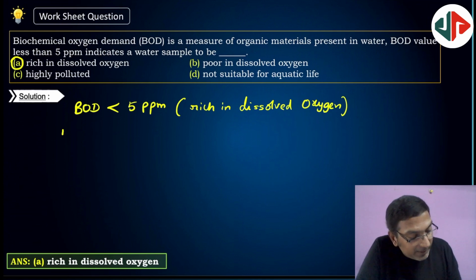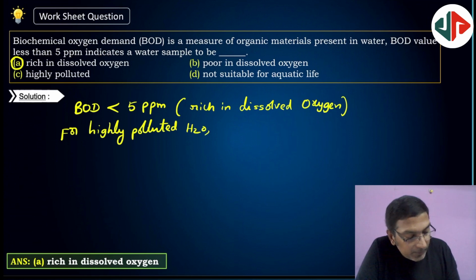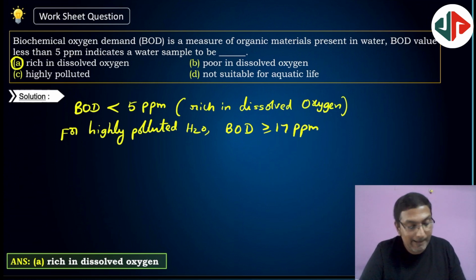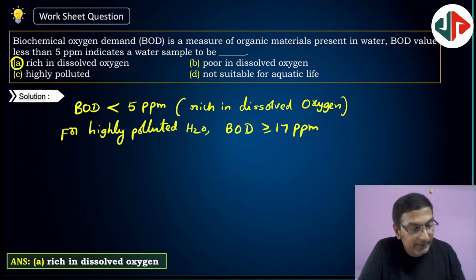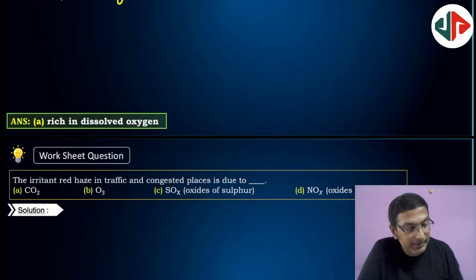So for highly polluted water, BOD will be greater than or equal to 17 ppm. Very, very important. Less than 5 means somewhat pure water that contains dissolved oxygen. Option A.